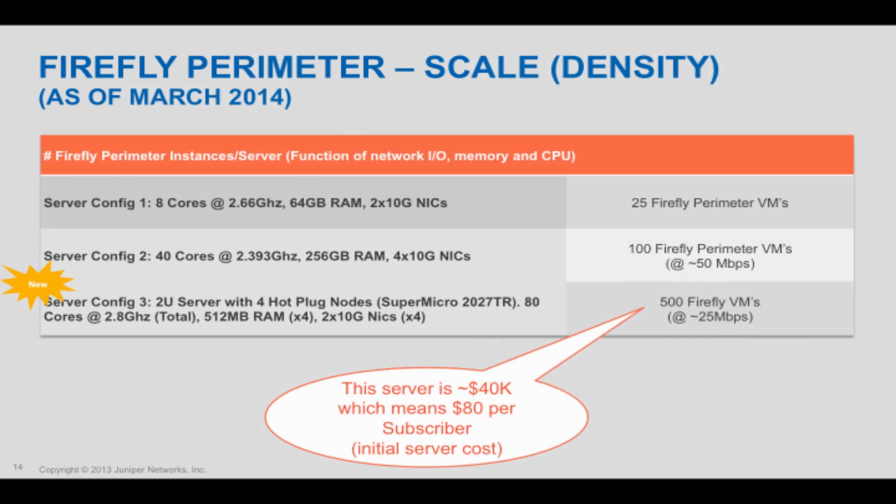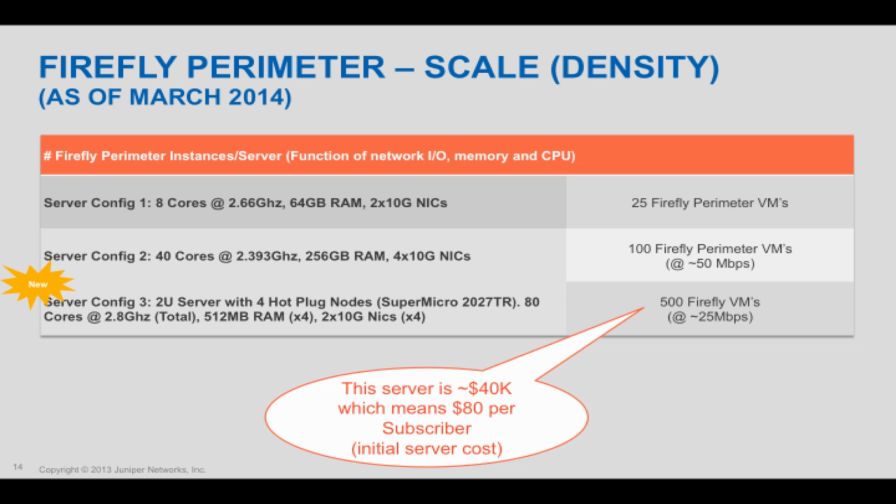From a density perspective, this is how many VMs you can stack on a single x86 box or in an actual rack. And so this is an important factor in determining the TCO of a solution. On that front, we've tested a number of different iterations, some different types of servers, and tested out different VMs on there.